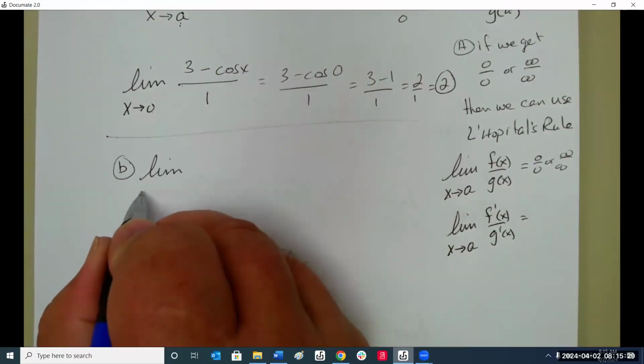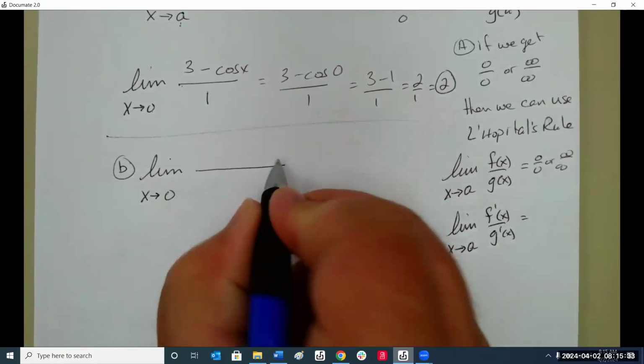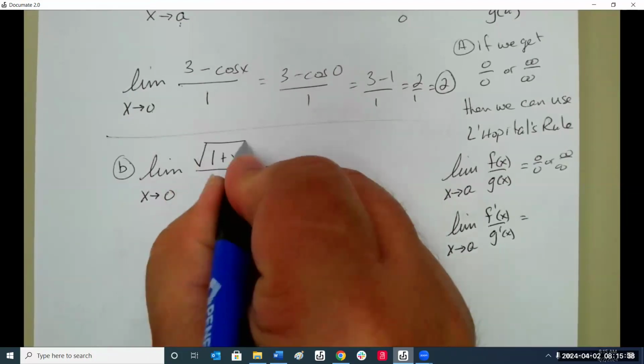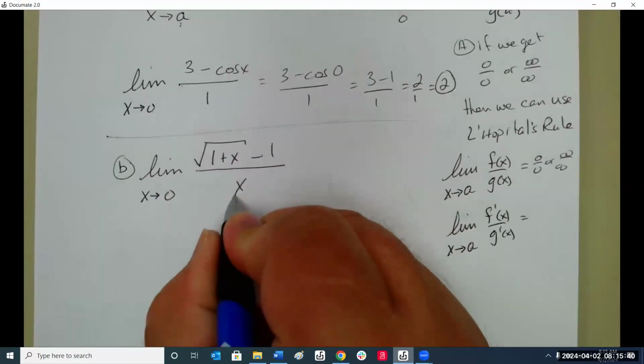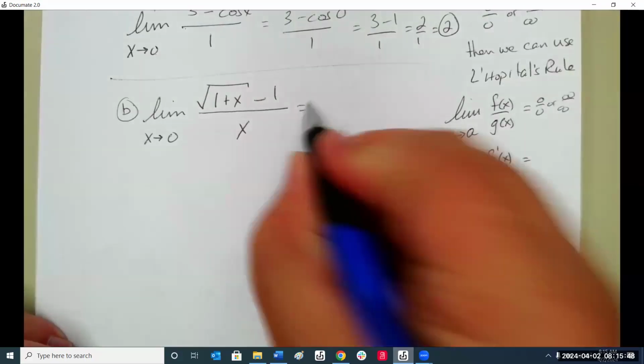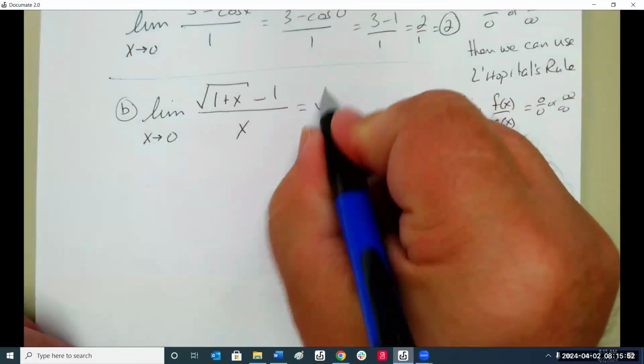The limit as x approaches 0 of square root of 1 plus x minus 1 over x. So what's your first step? Plug it in.